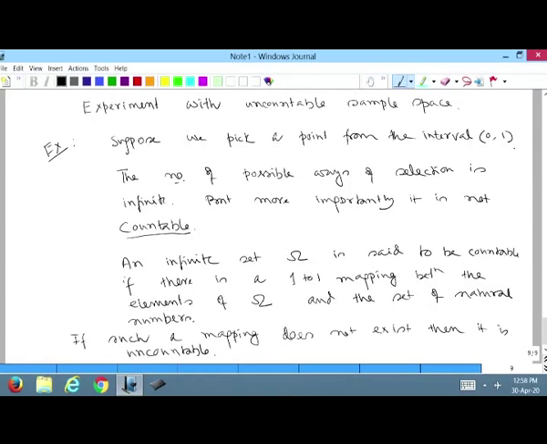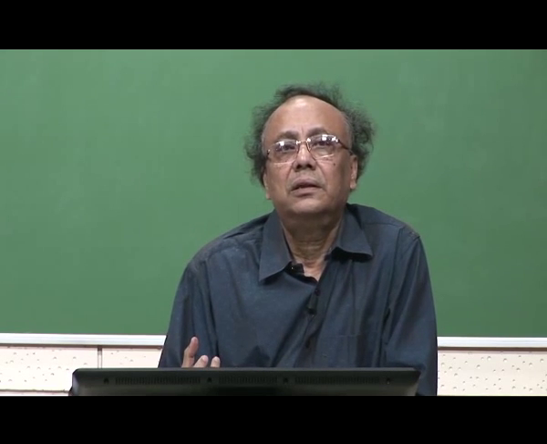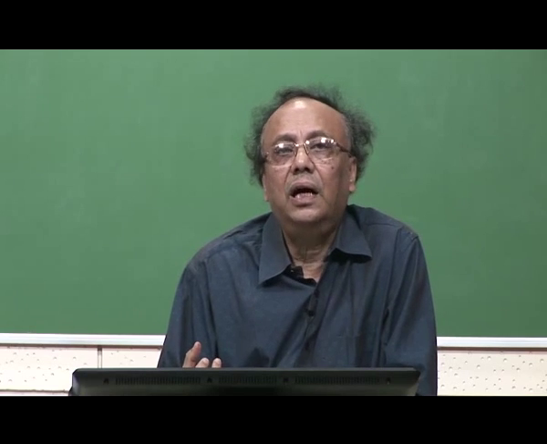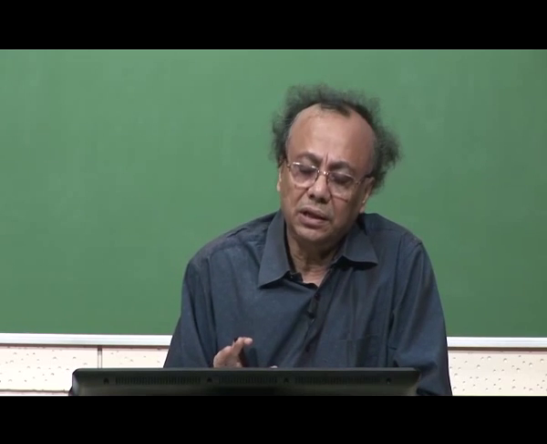Why did I mention this? Because towards the end of this series of lectures, I shall do some examples where the omega is uncountable, and that is for your knowledge, to show how to compute the probability in such cases.